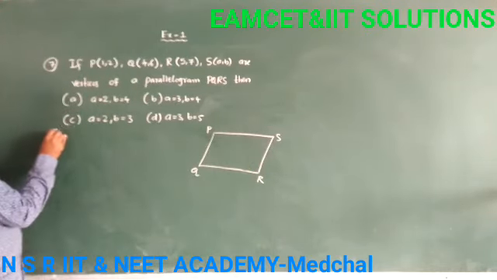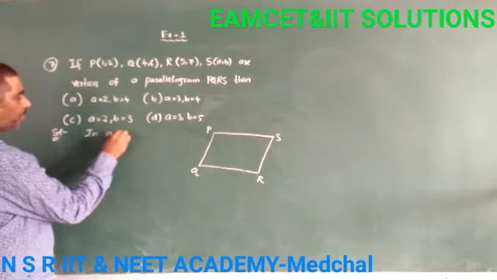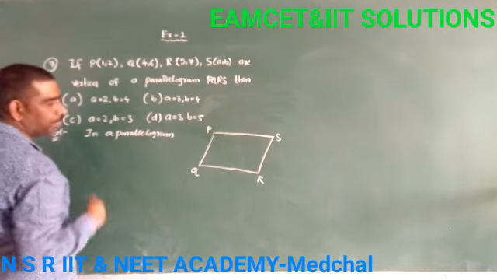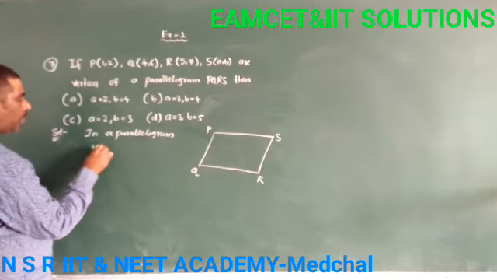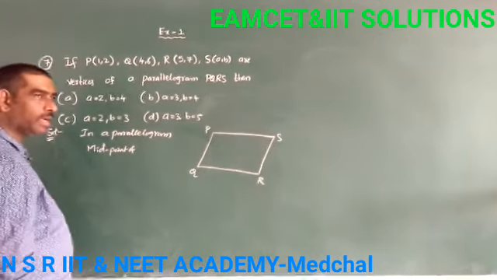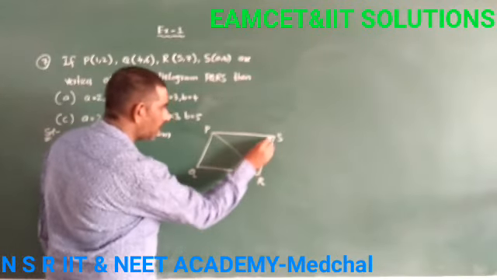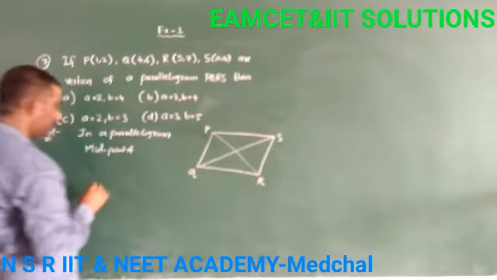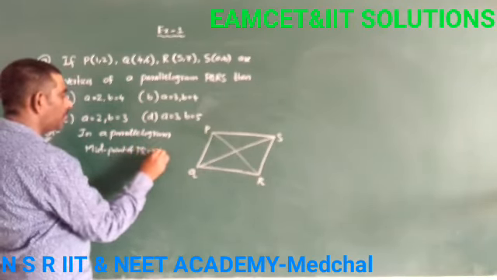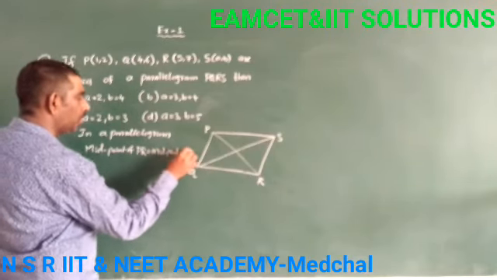We already know the property of a parallelogram: the midpoints of the diagonals are equal. Here we have two diagonals, one is PR, another one is QS. So the midpoint of PR is equal to the midpoint of QS.